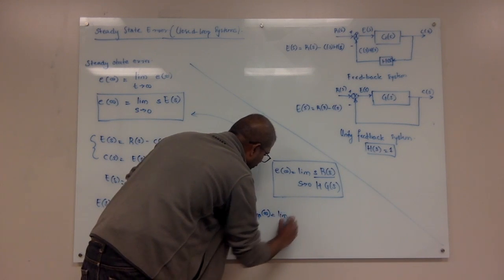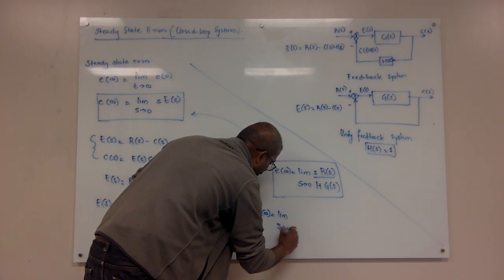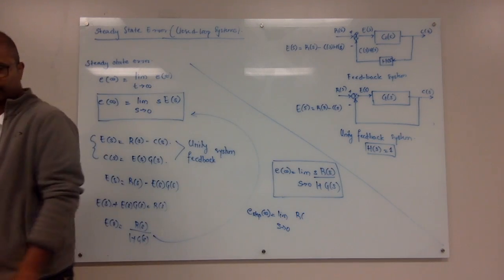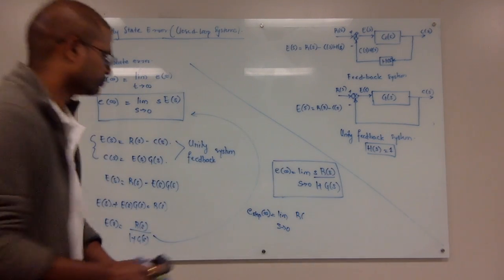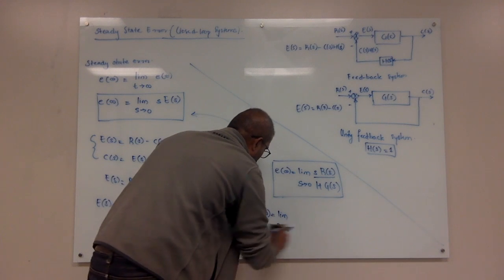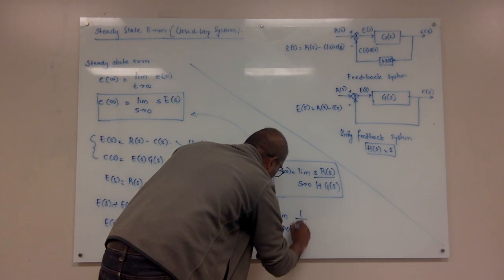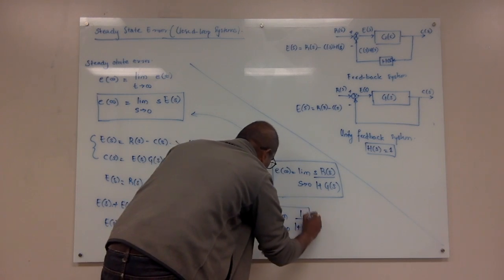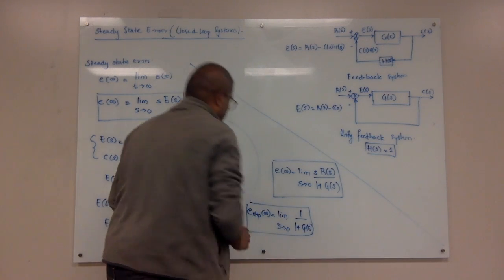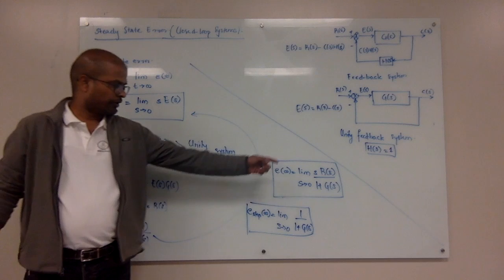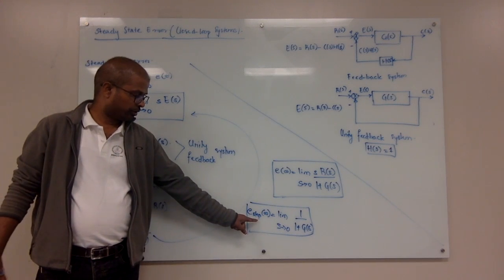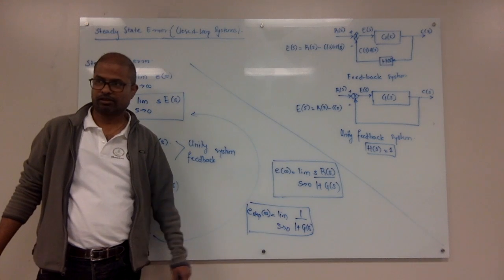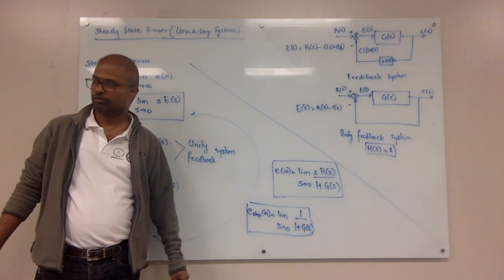Limit S tends to 0, R of S times one over 1 plus G of S. Does this make sense? If R of S is a step input, it will be 1 over S, and that 1 over S and S will cancel. You get this.